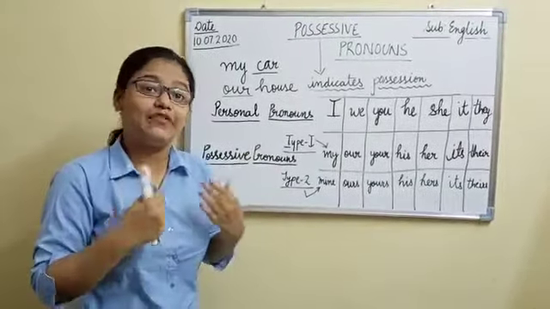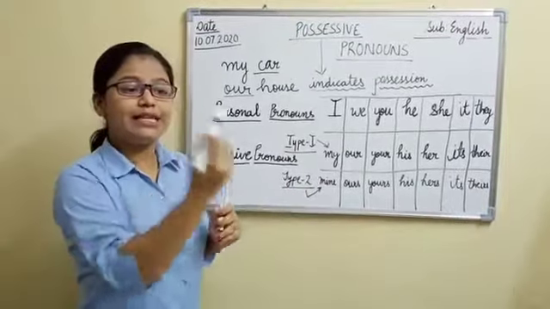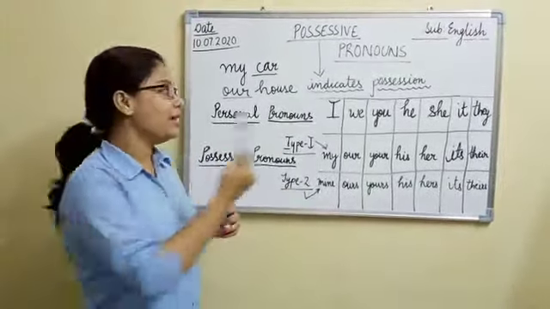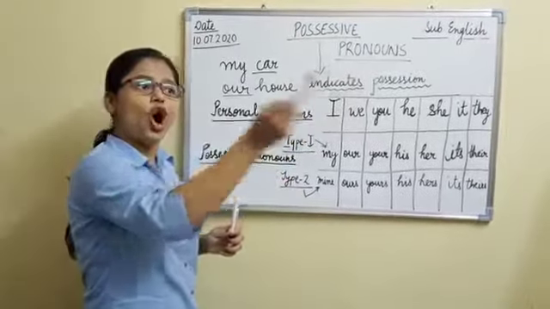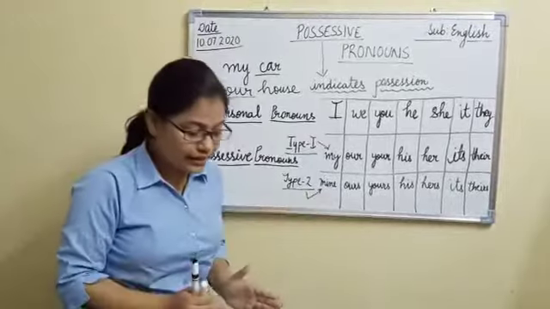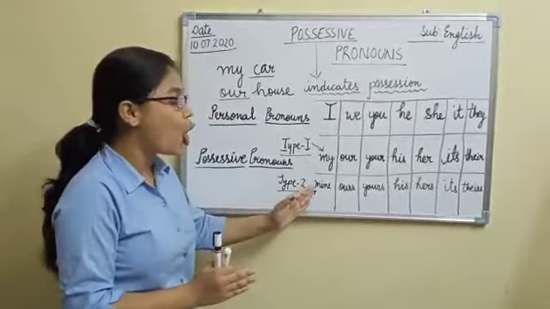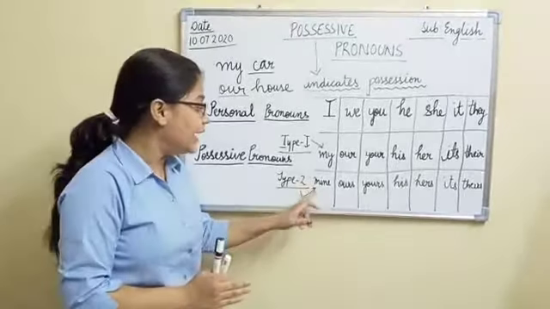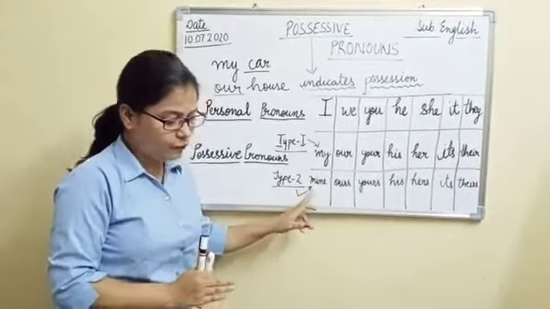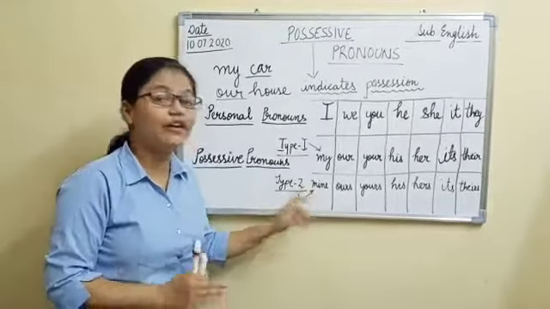For example, if I say this house is mine, this marker is mine, this board is yours, at that time we are using them independently. That is why they are also known as independent possessive pronouns.